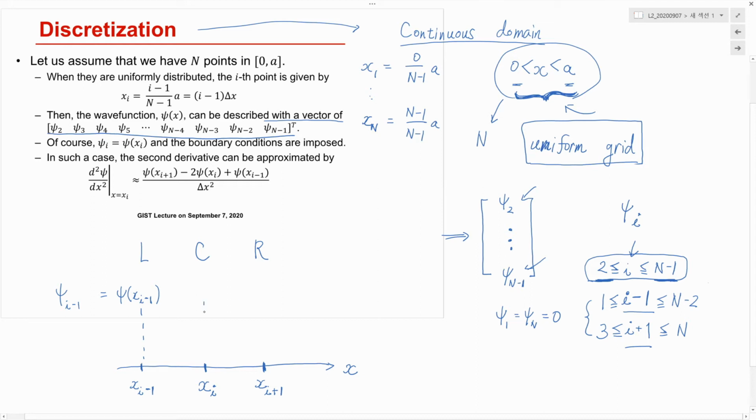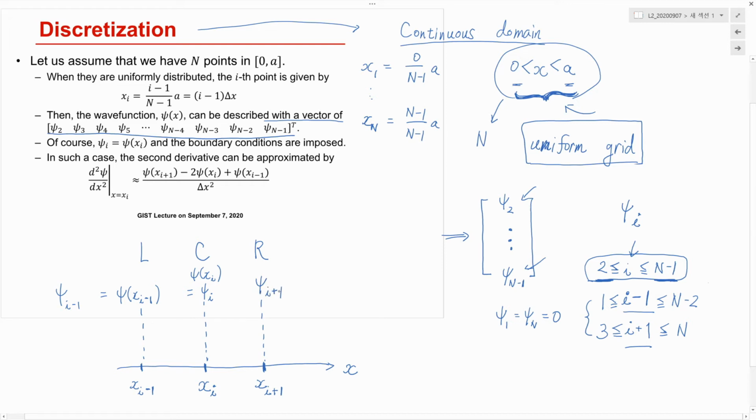And here we have psi at xi, and for simplicity we will call it just psi i. And also for the position xi plus 1, we can define psi i plus 1.